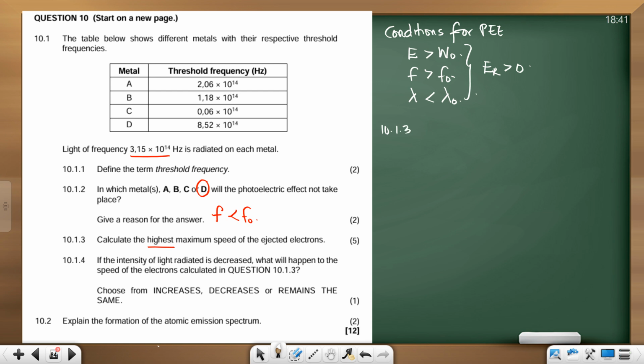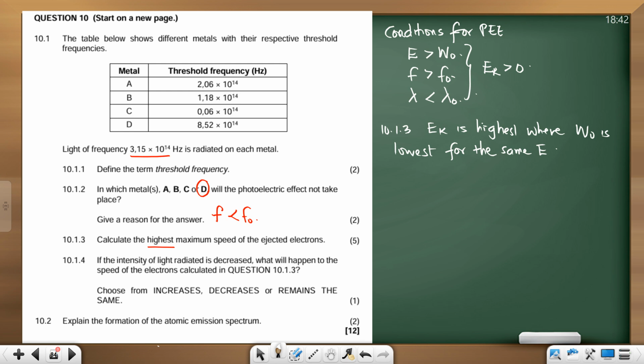10.1.3. EK is highest where work function is lowest. I hope that makes sense. Look at what I'm going to say: for the same E. I think I did answer one question on the group like that.